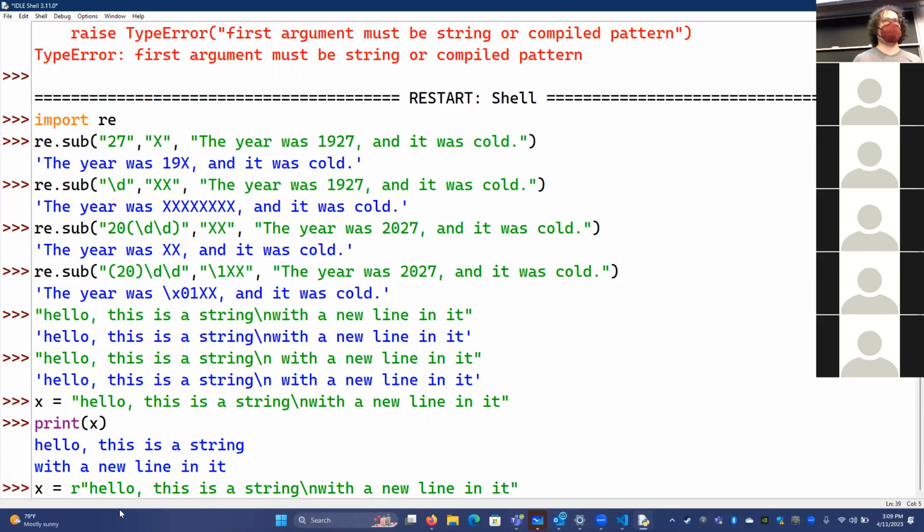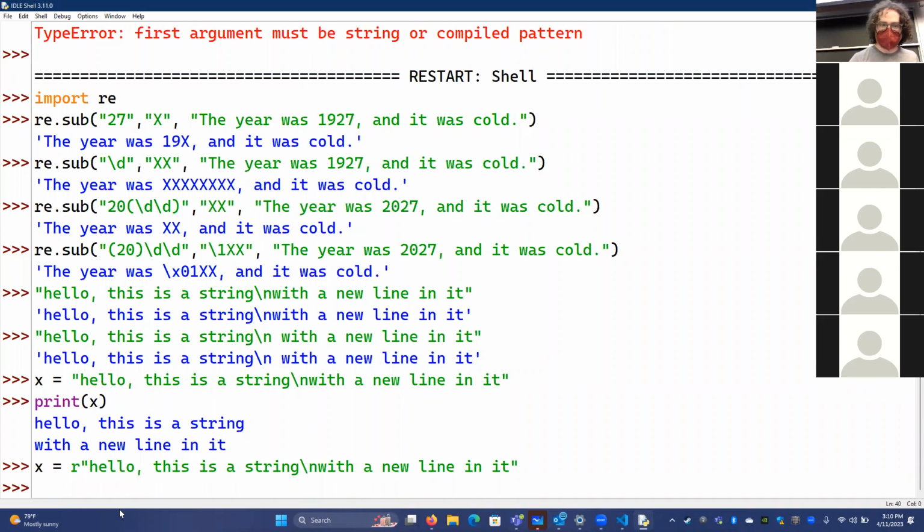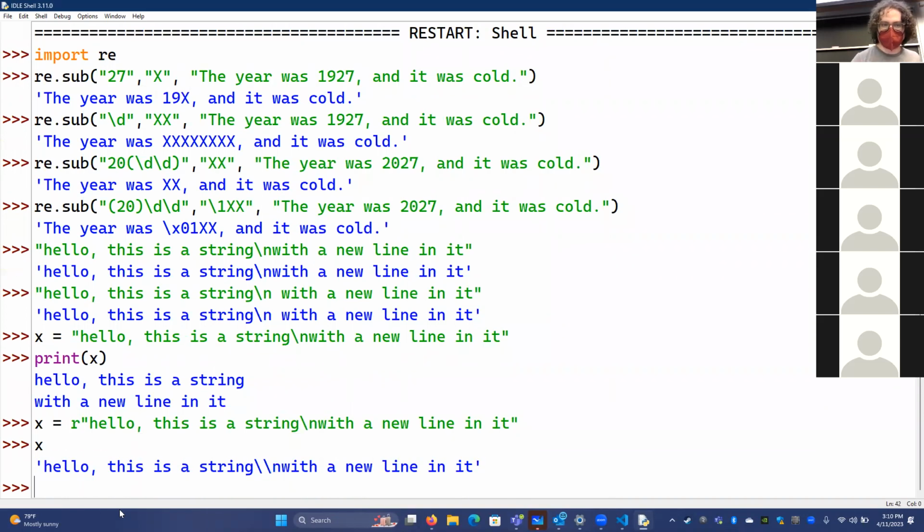This has to do with the way that Python is being super smart here, where it's escaping the escape characters for you, I believe, automatically. But regardless, here's what R does. Hello, this is a string /n with a new line in it.